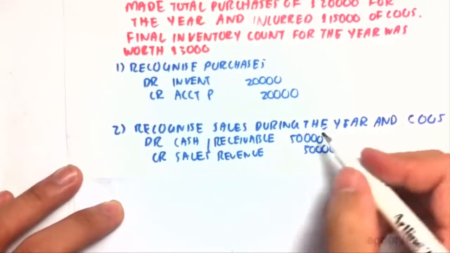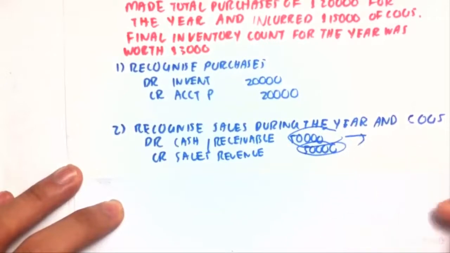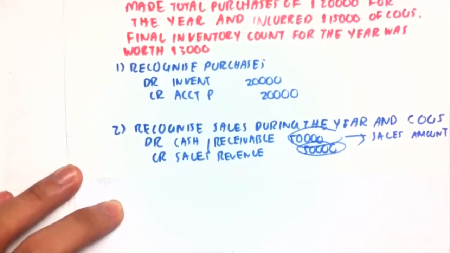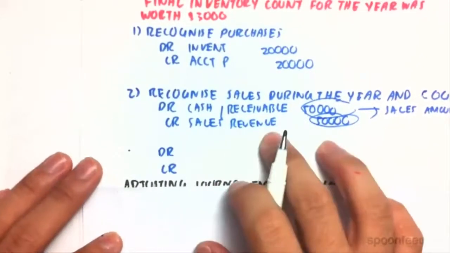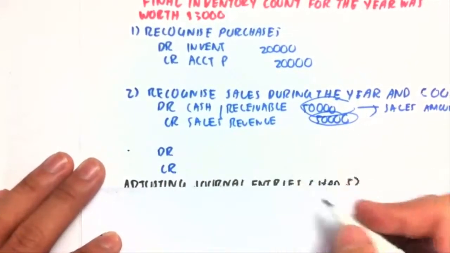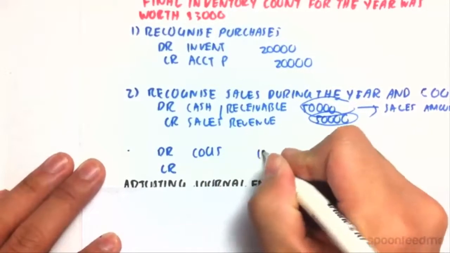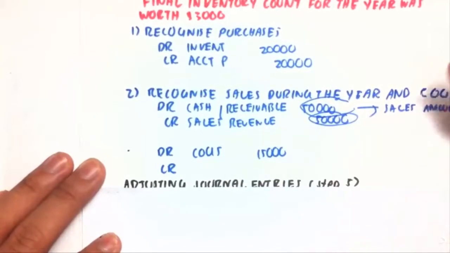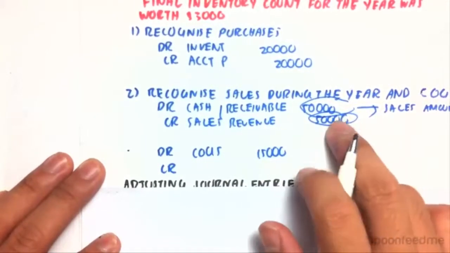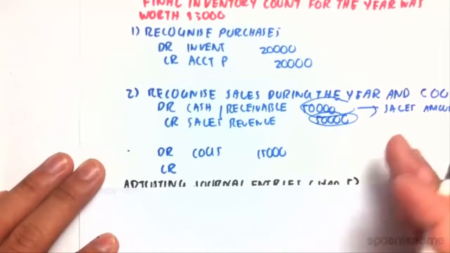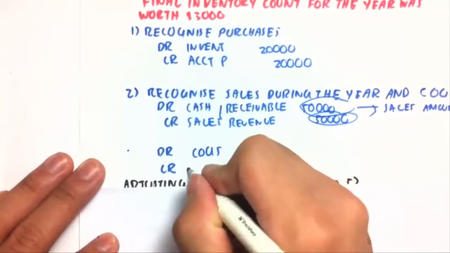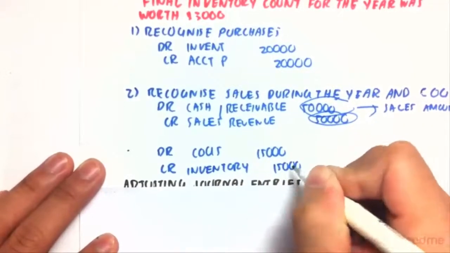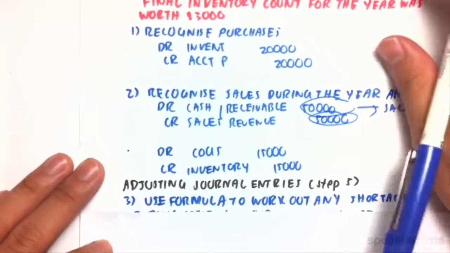Okay, so we have to make sure that this amount is actually the sale amount that we made and not the cost. The cost is actually related to our COGS. So we debit COGS of $15,000, and that's the value that we paid for the inventory that we later sold for an upped price, and that is our sales price. Okay, so we need to get those separated, and then we have to credit inventory of that $15,000 because now we've lost $15,000 worth of inventory.